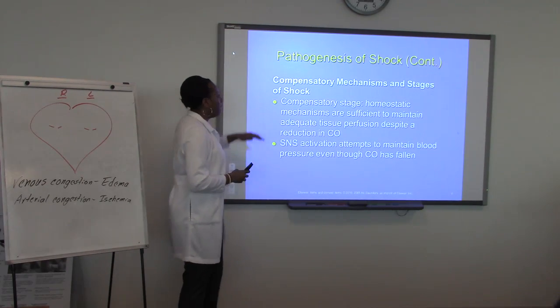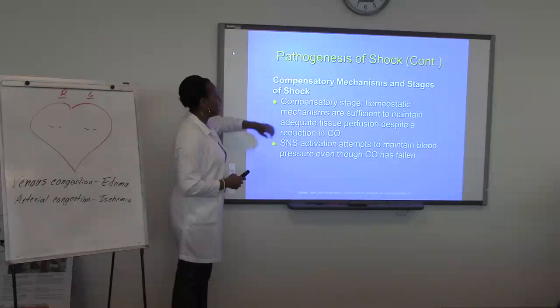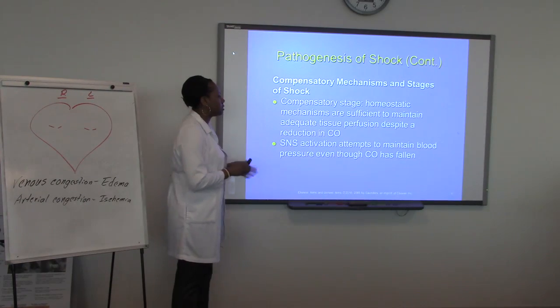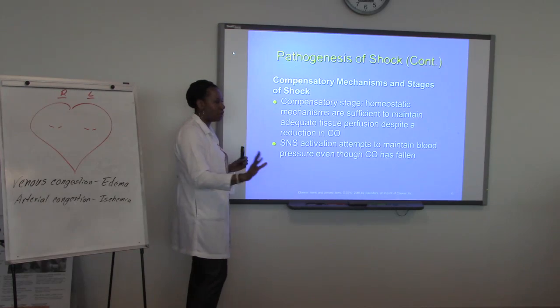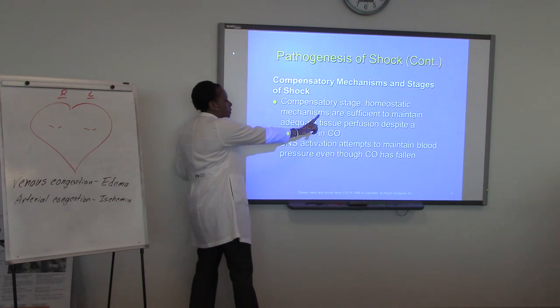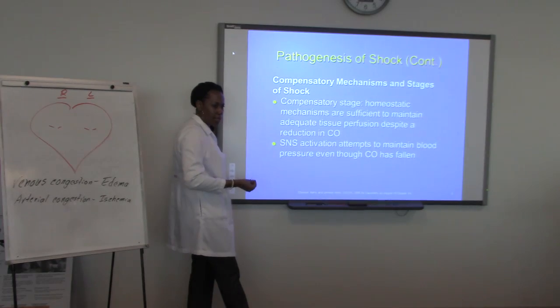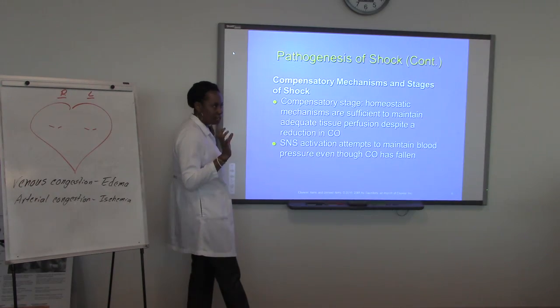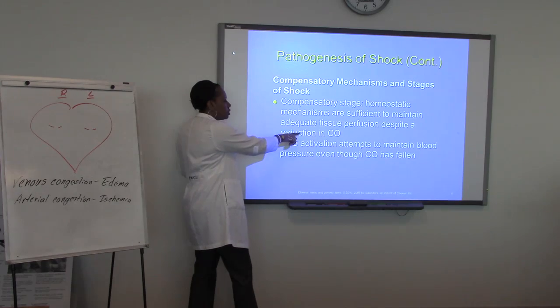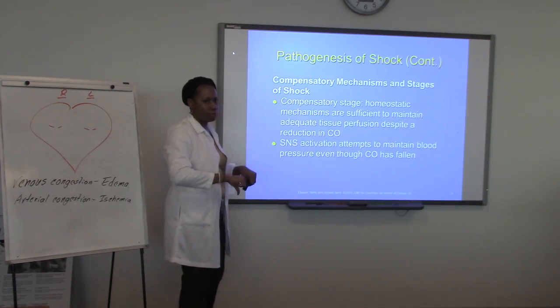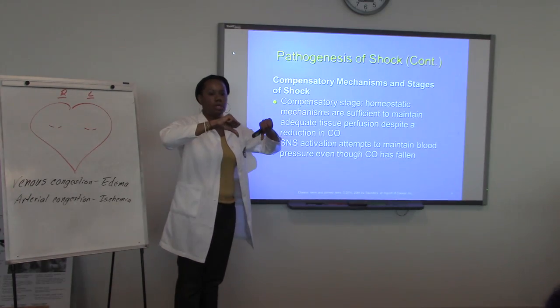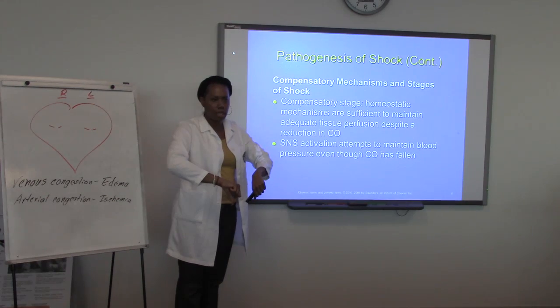Okay, compensatory mechanisms and stages of shock. If you have an insufficient amount of blood getting to the heart, or just say any tissues, this will lead to a reduction of cardiac output. Once cardiac output is low, what do we know is going to be the activation?